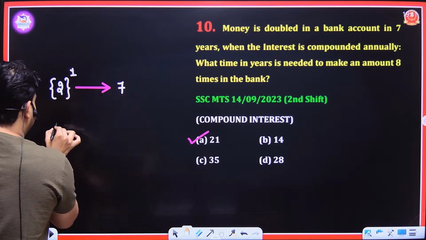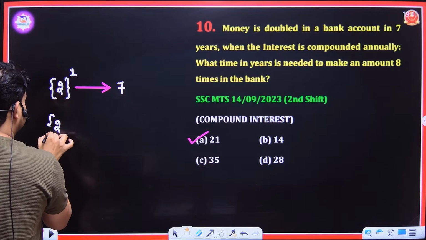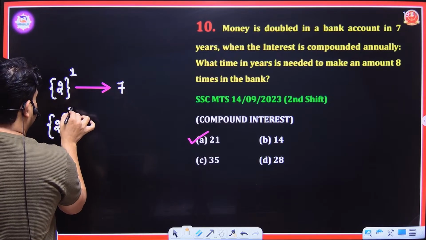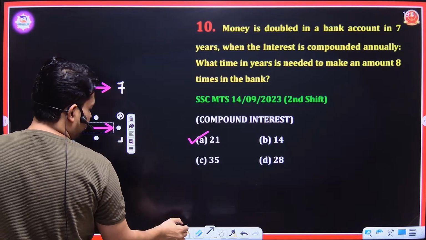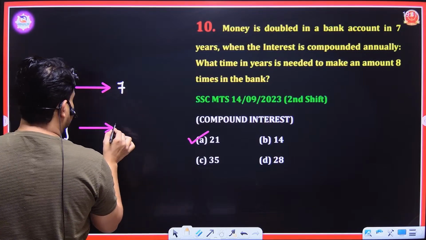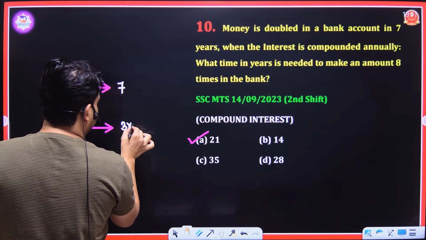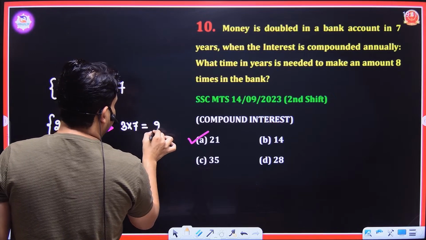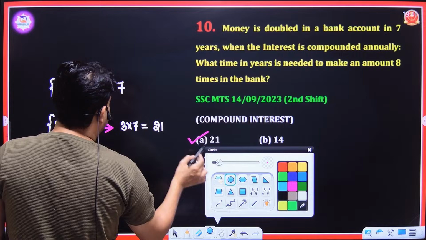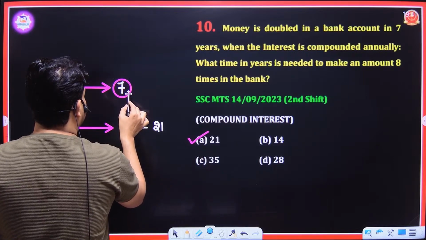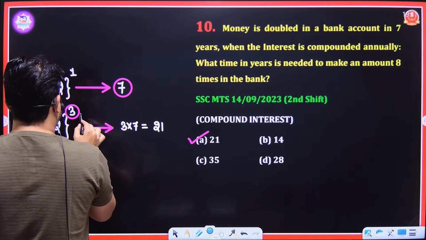Then I have to calculate in how many years it will become 8 times. It means 2 to the power 3. So what the trick says is multiply this 7 by this 3. 3 into 7 is equal to 21 years. In 21 years, the money will be 8 times.